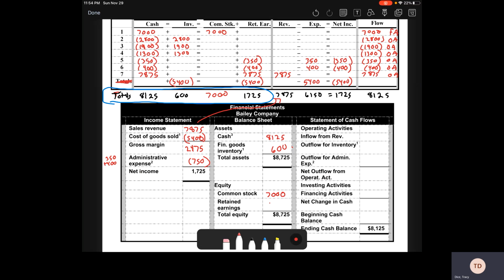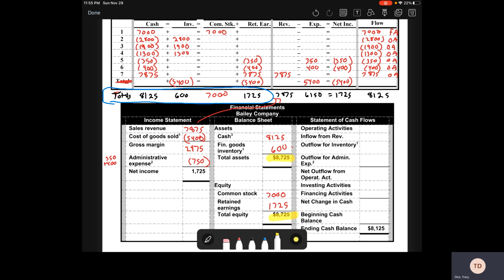And our retained earnings are $17.25. Again, we get $87.25. Remember, that's all coming from where that blue circle is. And our assets equal our total equity. We don't have any liabilities in this example, so that makes it all good. So it's all good because they equal out, and we got to make sure our balance sheet is equal.